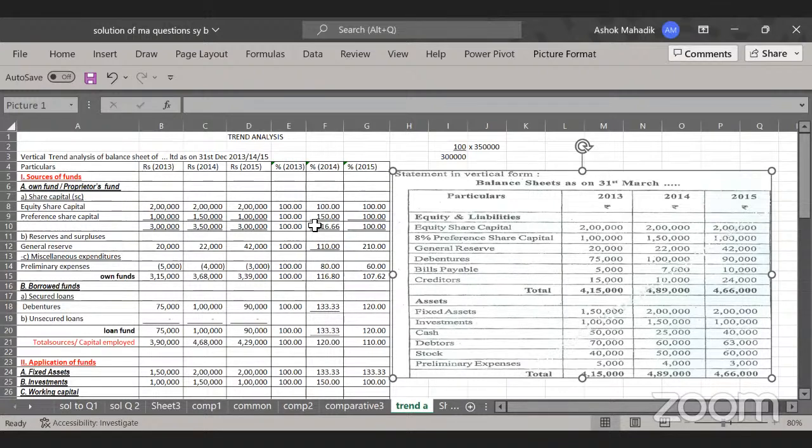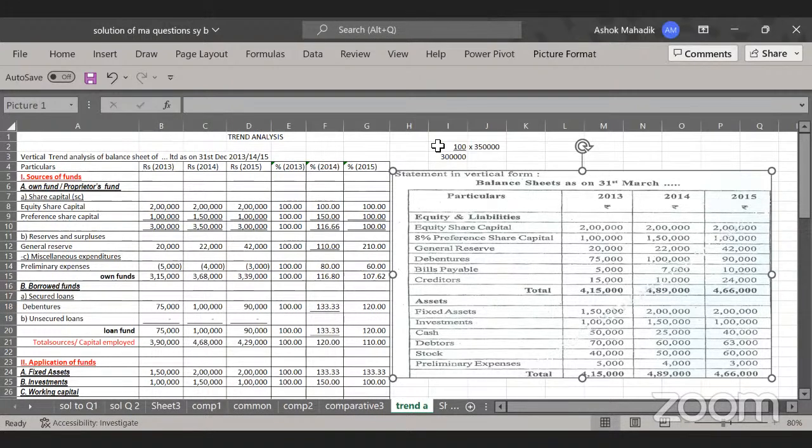This indicates that year 2013 will be taken as the base year. So all the values in year 1, 2013 will be taken as 100. The 2013 amount column we will take as 100, therefore in the 2013 percentage, 100 will come everywhere. Clear, students? 2013 will be 100. Now how to calculate year 2 and year 3 values?